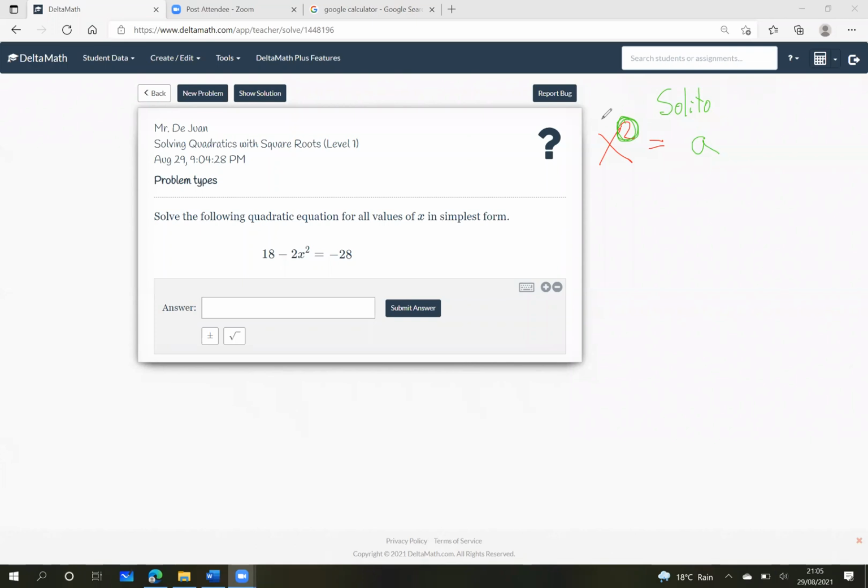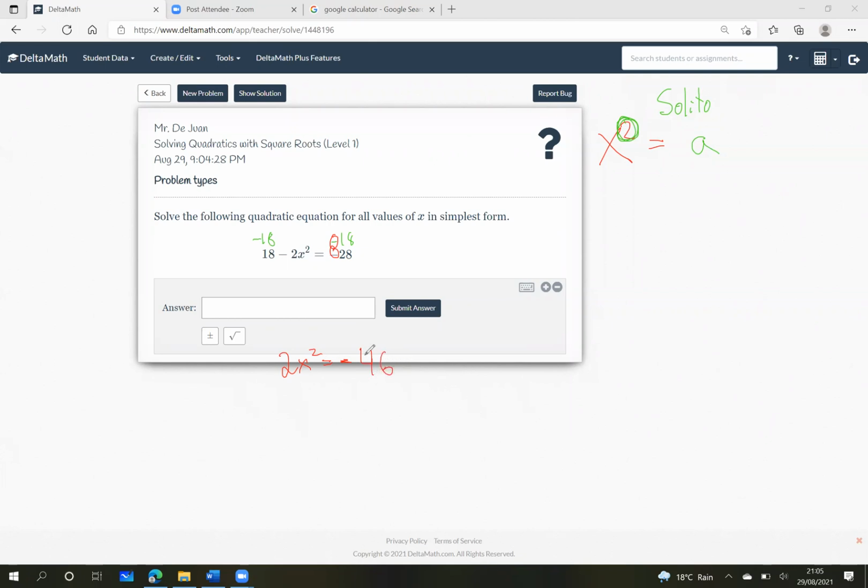Here, a quick little hint, we have positive 18. If I subtract 18 on both sides, we end up with negative 28 minus 18. Remember, with negatives, just add the numbers together and put a negative sign. So that's equal to negative 46.